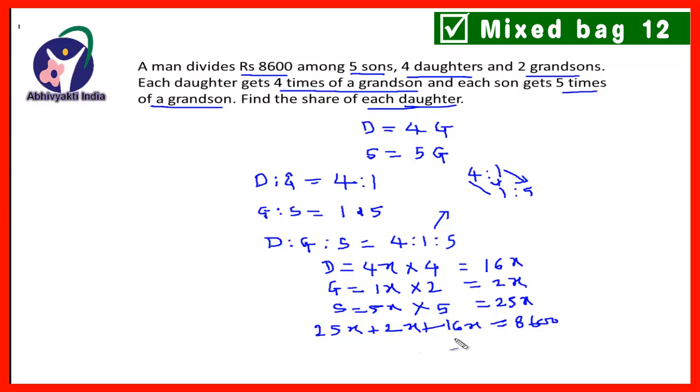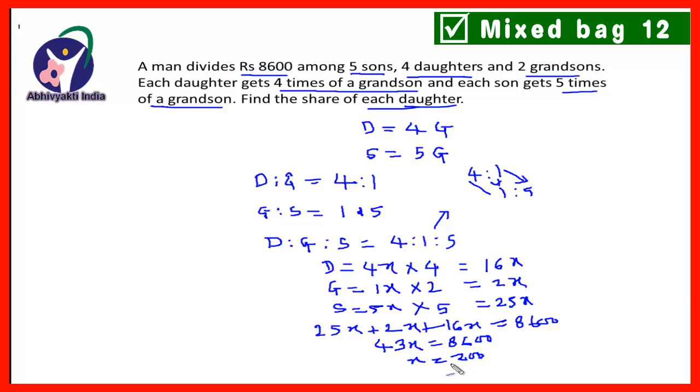If you add this, you get 43x equal to 8,600, and therefore x is equal to 200.